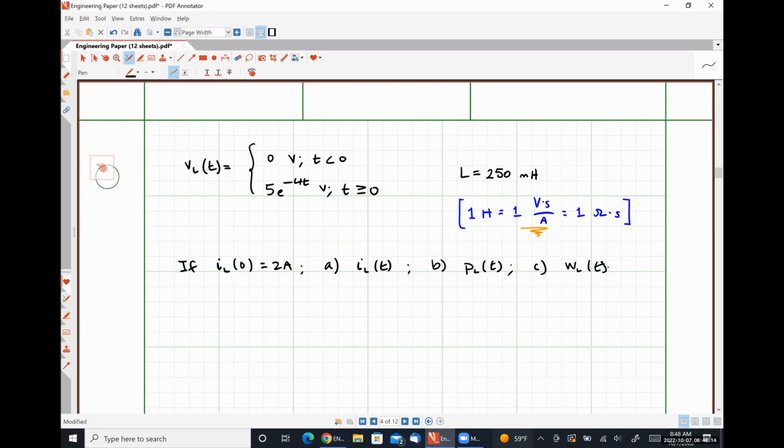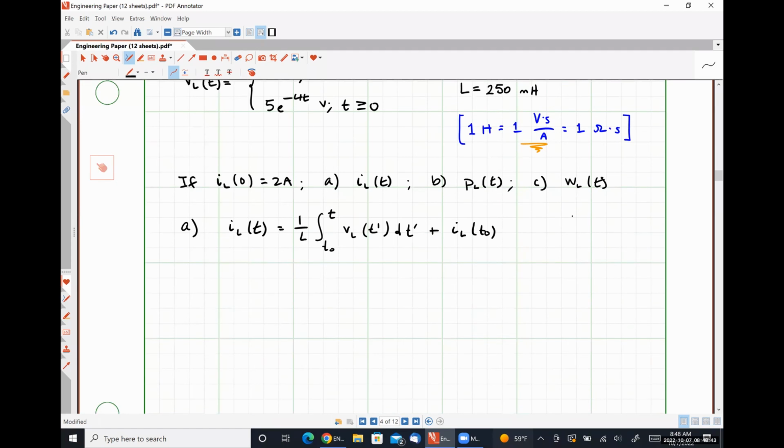So we know that IL of t is 1 over L times the integral from t naught to t of VL of t prime dt prime plus IL of t naught.